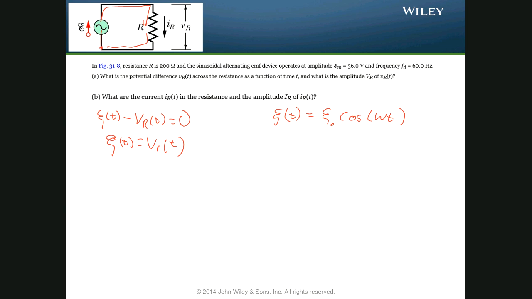Actually, is cosine correct here? Let's see. I don't know if it makes a difference whether it's sine or cosine, but, right. So we might want to, well, these should be in phase with each other, right?